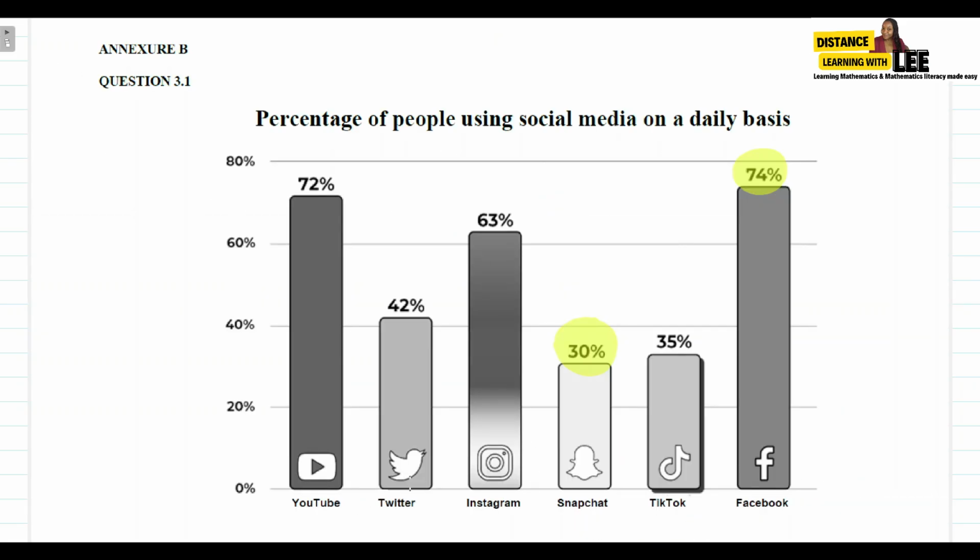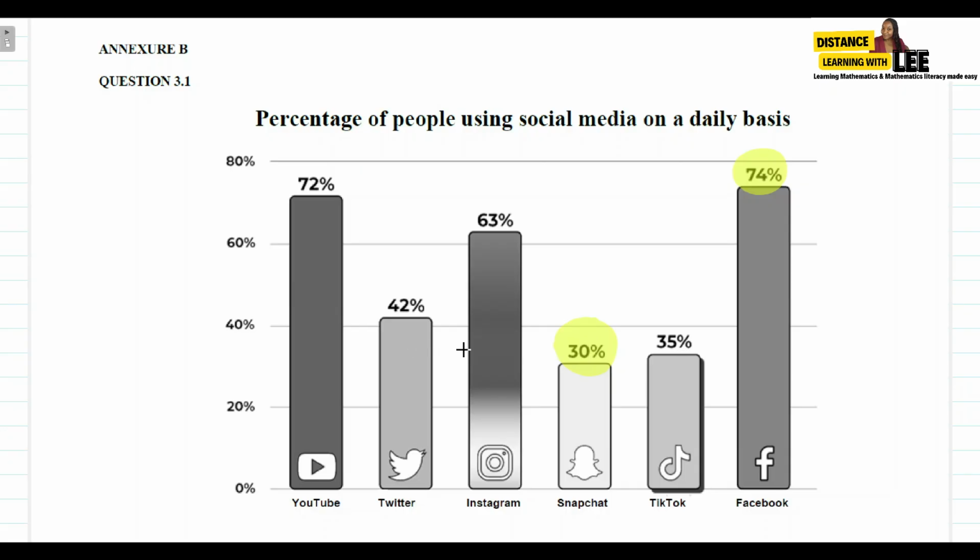It just says YouTube, Twitter, Instagram, Snapchat, TikTok, Facebook. So I don't really agree with us representing this data in a histogram. However, we can represent it in a line graph. Sometimes I have my debates with the memo.